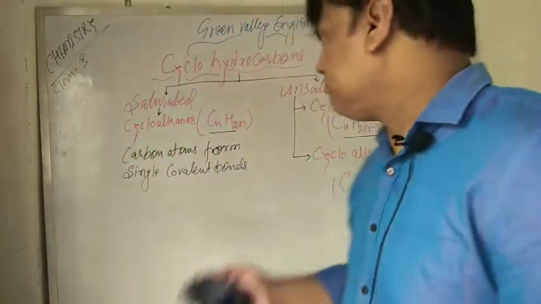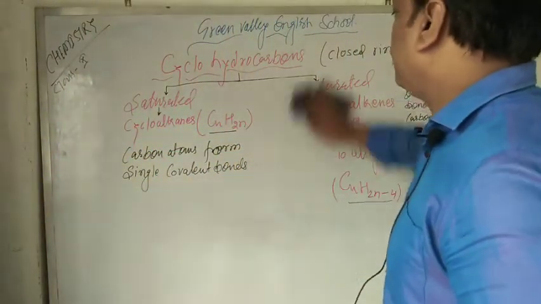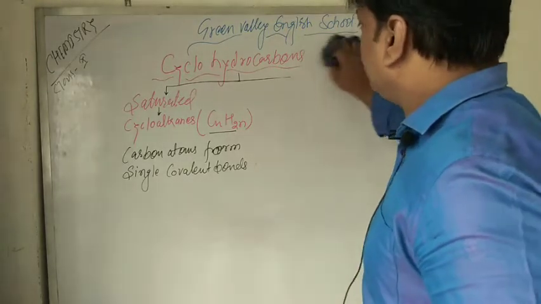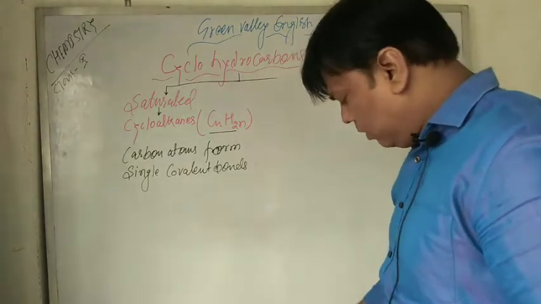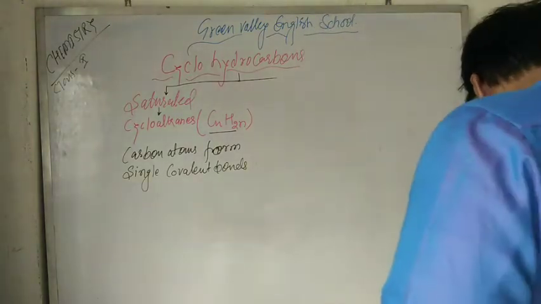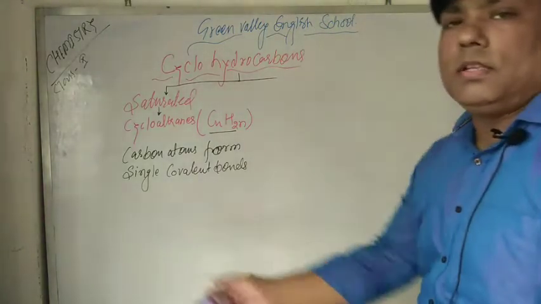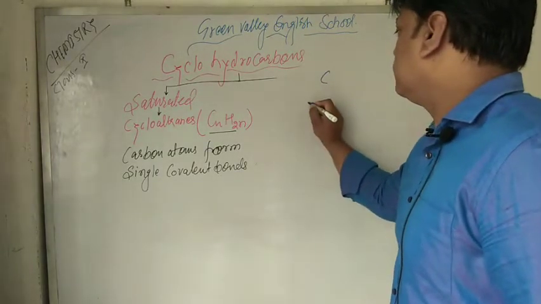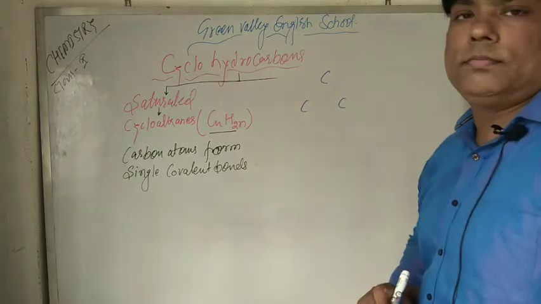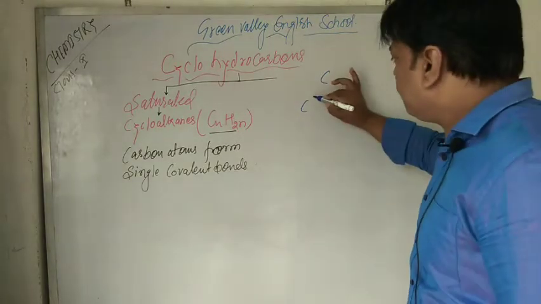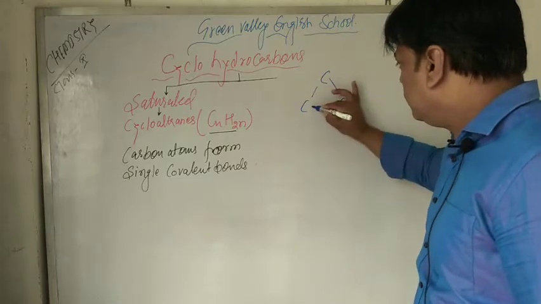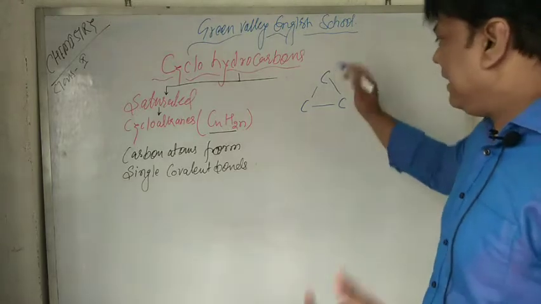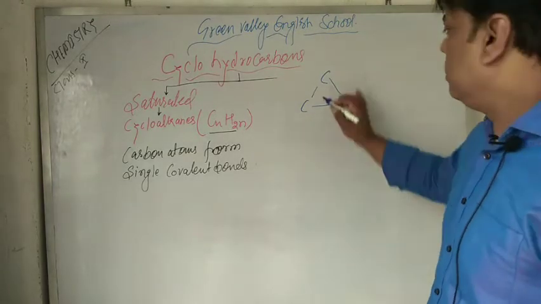First is our saturated cyclohydrocarbon. Saturated means single bonds between carbons, like carbon, carbon, carbon. There is a single bond between these three carbons, and the valency of each carbon is 4.